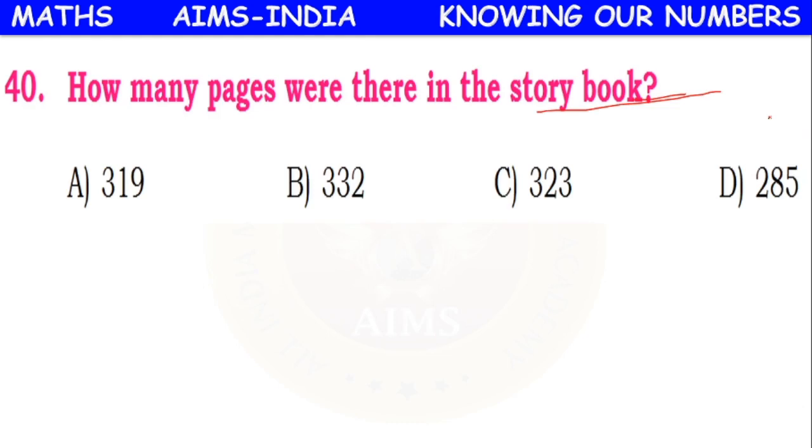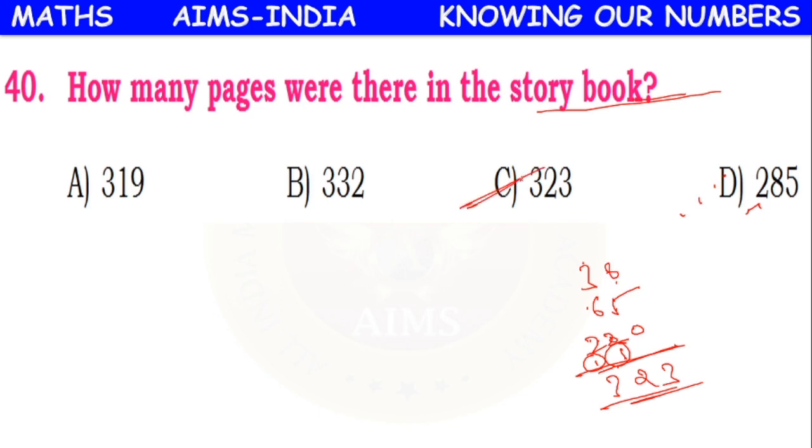So 38 plus 65 plus 220. 8 plus 5, 13, keep 1 here. 1 plus 2, 3, 3 plus 6, 9. 9 plus 3, 12, keep 1 here. 1 plus 2, 3. 323. So the total number of pages in the storybook was 323.